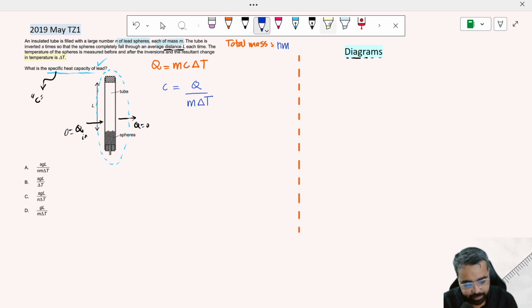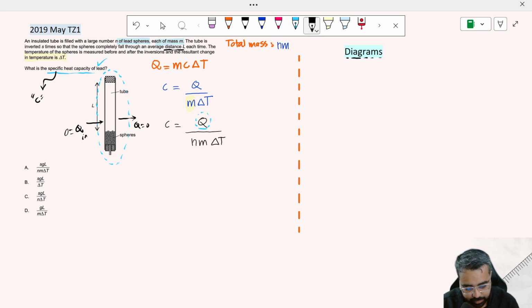Now, this m means the mass of one lead sphere, but if we have to represent all the mass, then that is n m delta T. Now, after this, it's very interesting. The question is: where does this heat come from?